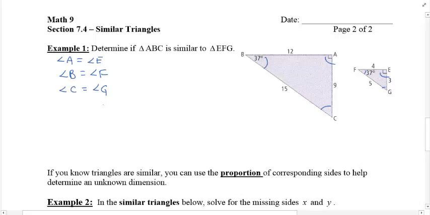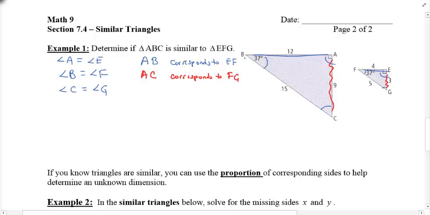Let's look at the sides. So I'm thinking now side AB, that's this one, corresponds to EF. I see AC corresponds to EG.